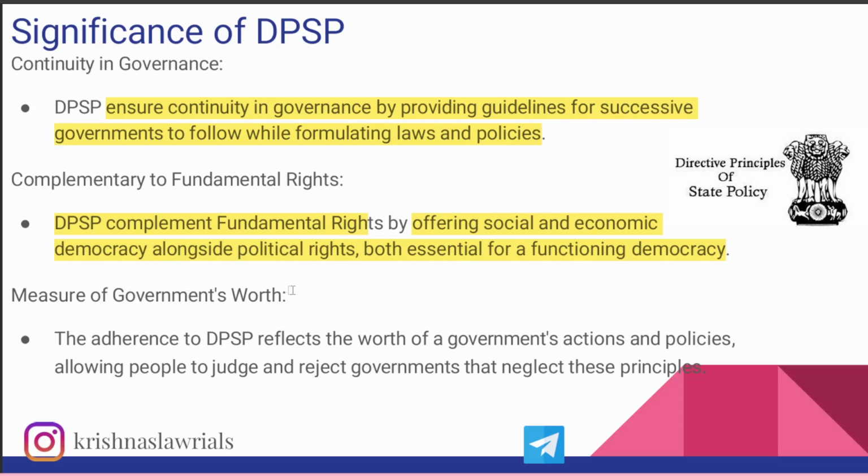Measure of government's worth. Here, adherence to DPSP reflects the worth of a government's actions and policies, allowing the people to judge and reject governments that neglect these principles. Whenever we see a particular government's decision or how they are acting, we mostly judge them on the basis of DPSP, whether they are following DPSP or not, because DPSP is something which every citizen wants.